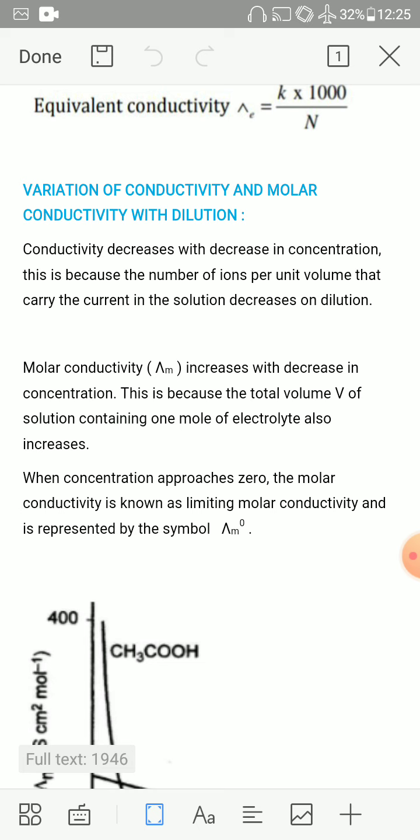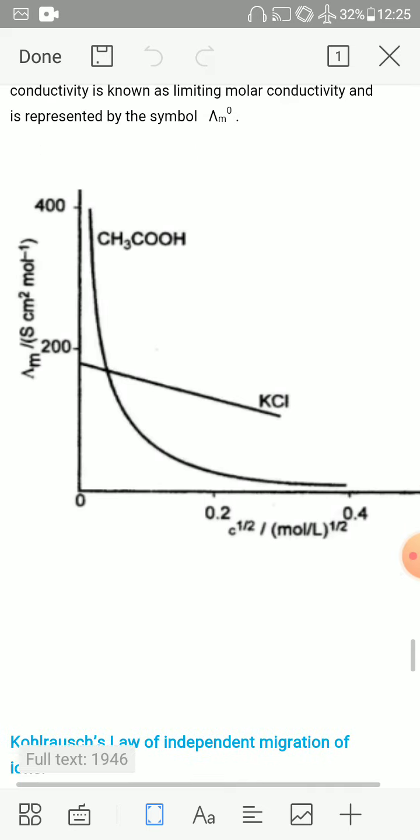Now when the concentration of the electrolyte solution approaches zero, the molar conductivity of that solution is known as limiting molar conductivity and is represented by the symbol lambda m naught. Here one graph is given.